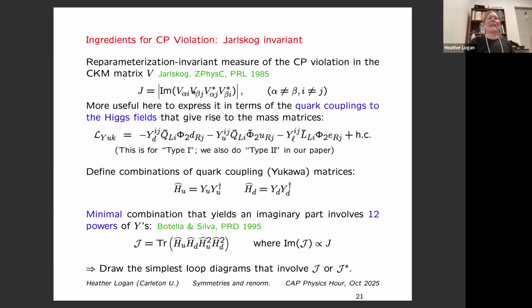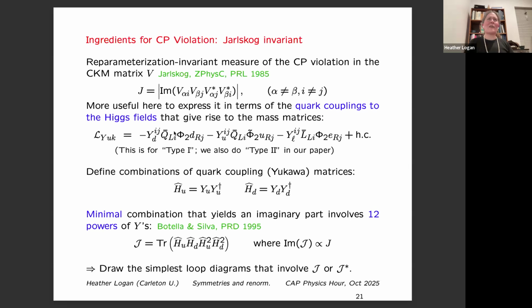Now, that's fine, okay? But it's more useful, if I'm dealing with Higgs fields in a more theoretical way, to re-express this in terms of the quark couplings to the Higgs fields that are one step back from giving rise to the quark mass matrices. So what that looks like is something like this.